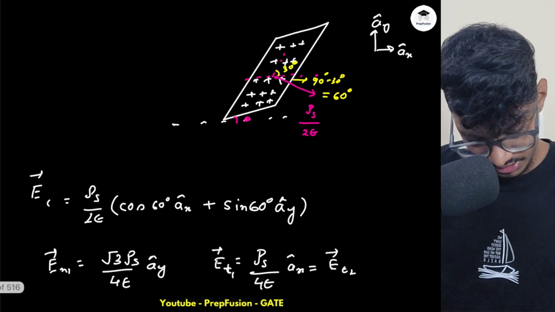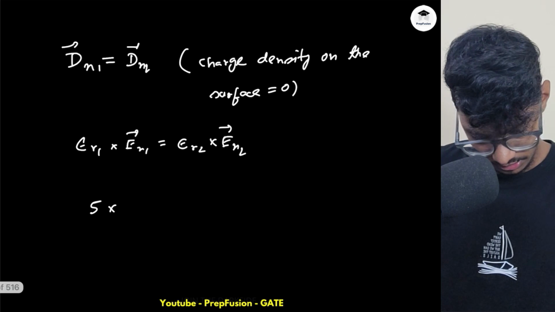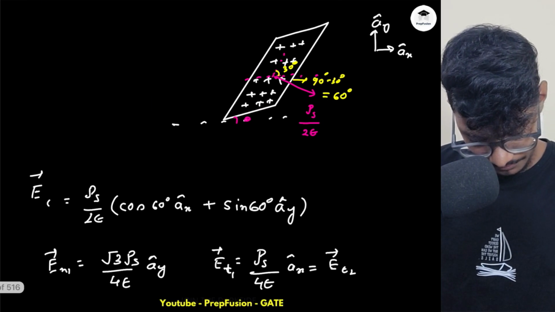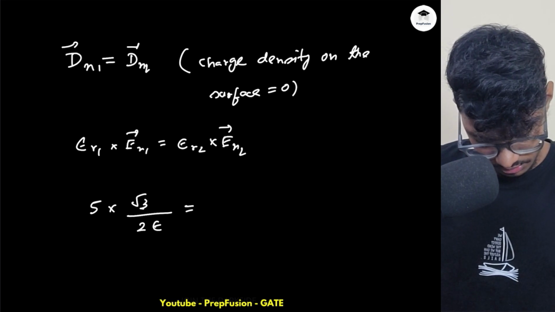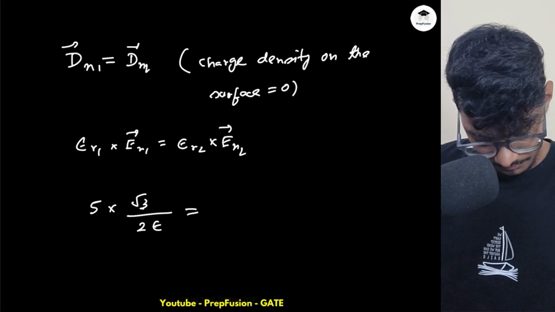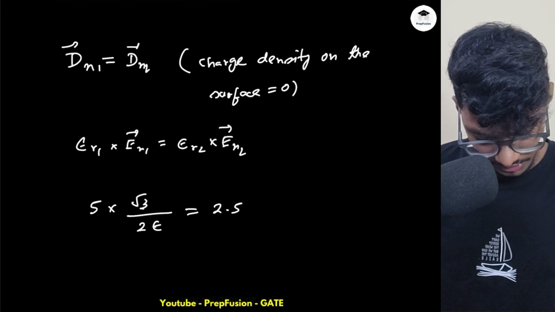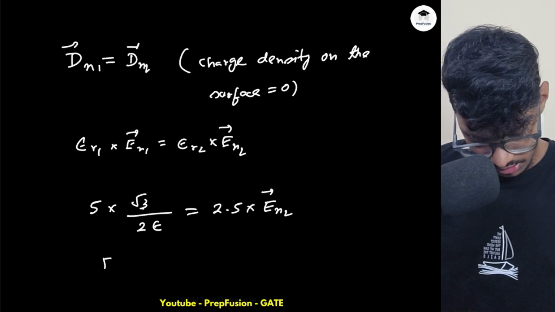En1 is this, right? Simply this. Rho s is 2, so this becomes root 3 by 2 epsilon equals this 2.5 into En2.